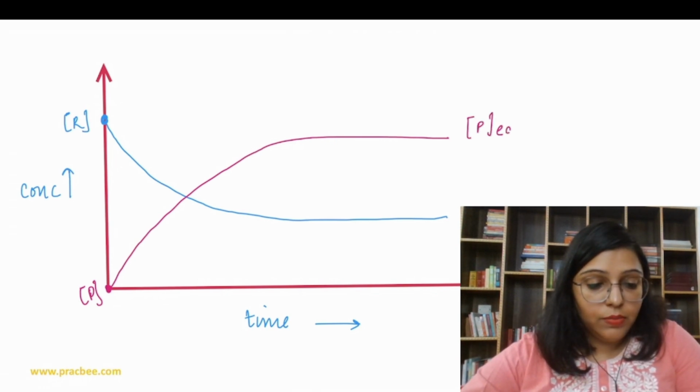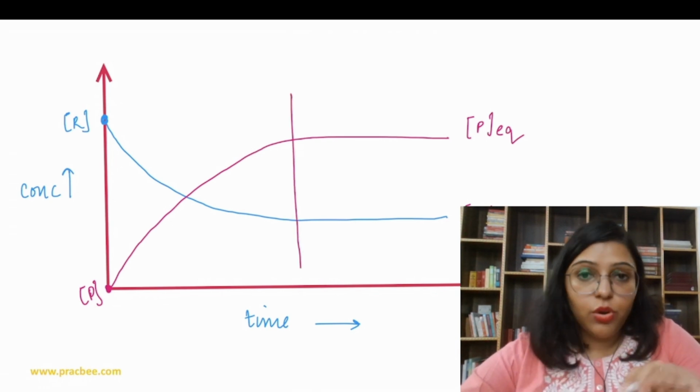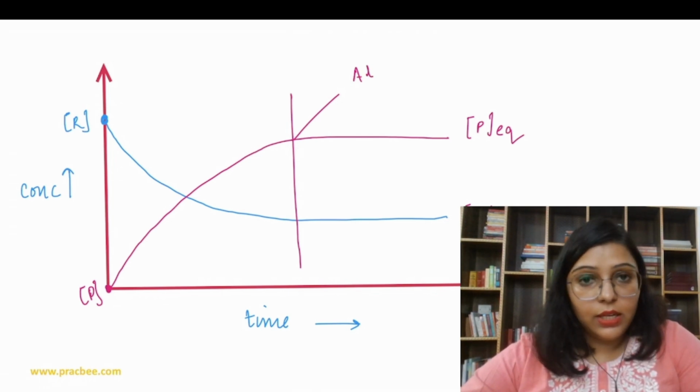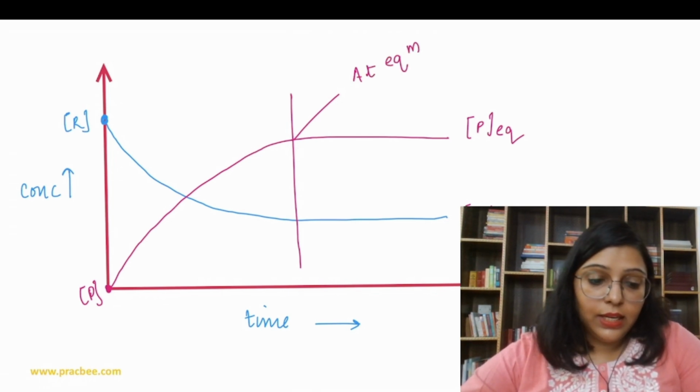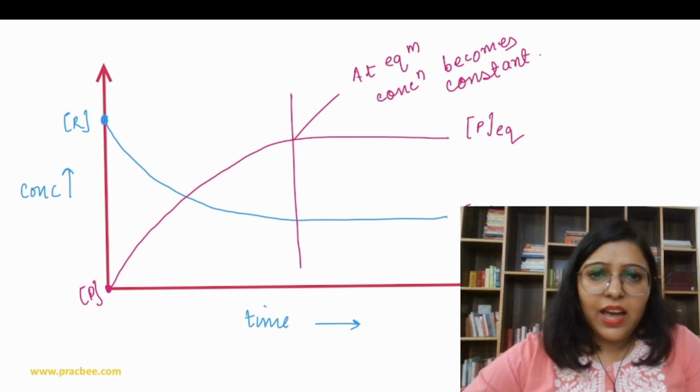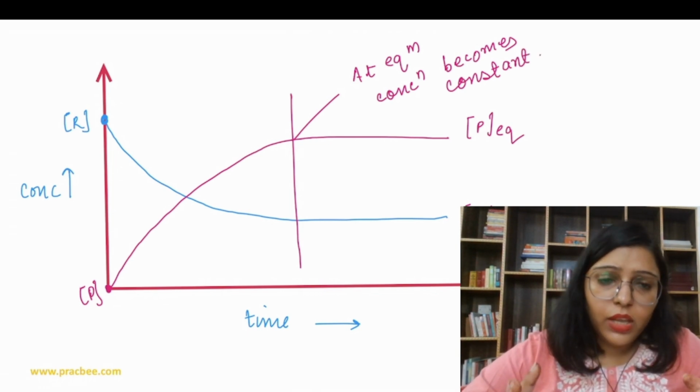So this is the P equilibrium concentration and this is the R equilibrium concentration. So at this point we can say equilibrium is achieved, right? At equilibrium, concentration becomes constant.